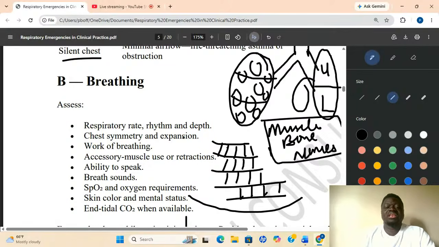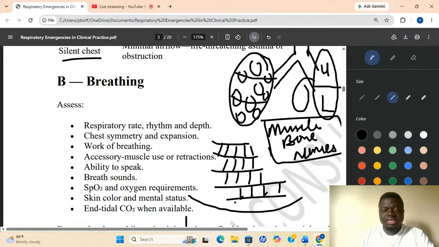You look at the abdominal muscles because they borrow the abdominal muscles a lot. But for us adults, we concentrate on these three: the bones, the intercostal muscles, and the diaphragm.